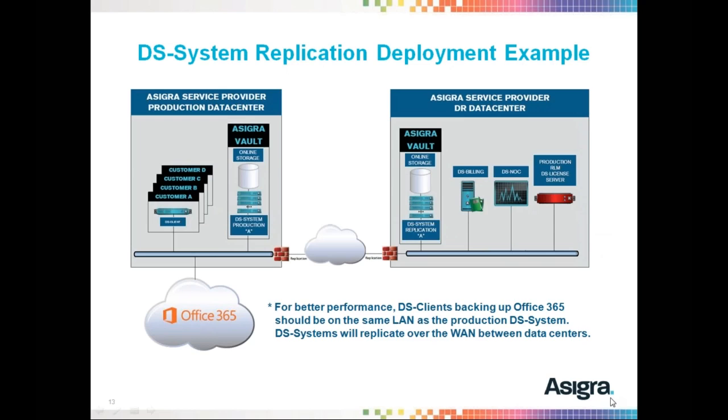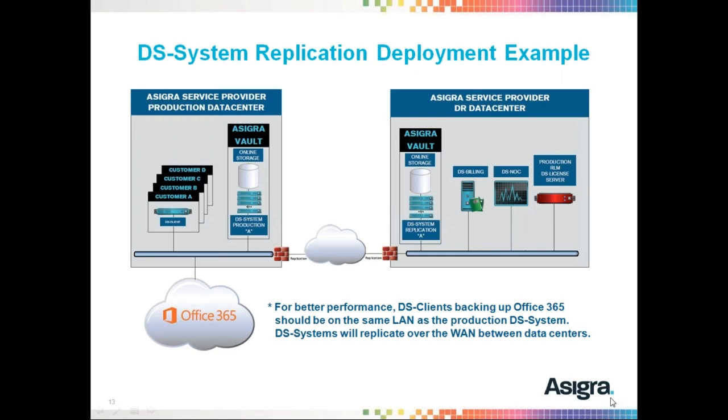From the high availability perspective, of course, the DS client, and again, we're talking about Office 365, should be on the same LAN as the DS system for all of your Office 365 data protection that you are provisioning. But do keep in mind, by putting them on the same LAN, you are speeding up a lot of the performance activities, because the DS clients don't have to bring the data down and then send it up to the vault.